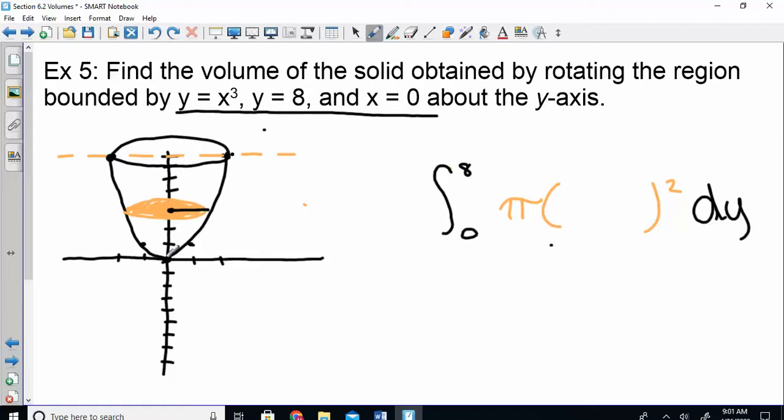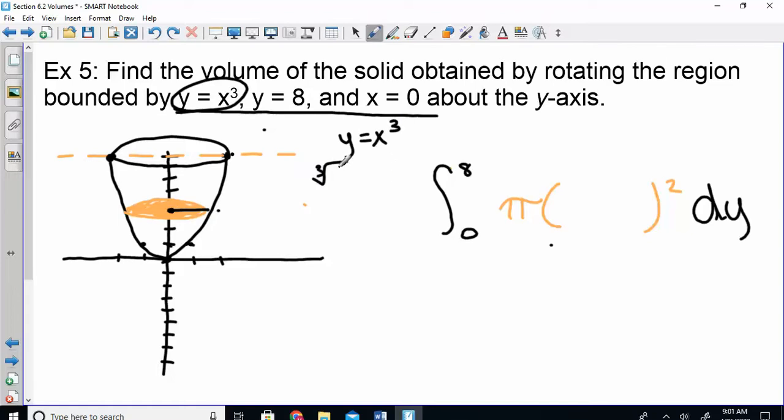Well, it changes though, doesn't it? Down here, the radius is smaller than here. So we have to use the function. Now, I can't put x cubed in here. Why? Because it's not a line. So what I need to do is take that equation and solve for x, so I know what to put in here.